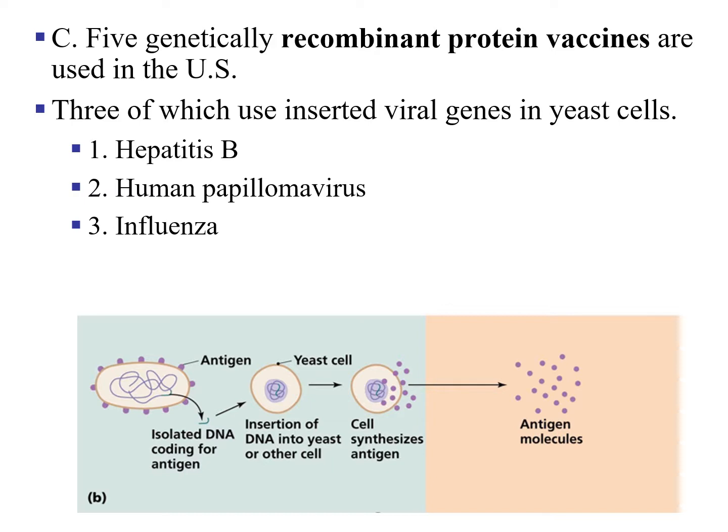So 3 of these recombinant protein vaccines are created by inserting viral genes into a yeast cell. Therefore, the yeast will produce the protein that your immune system must see and identify as foreign to build the immune response against.